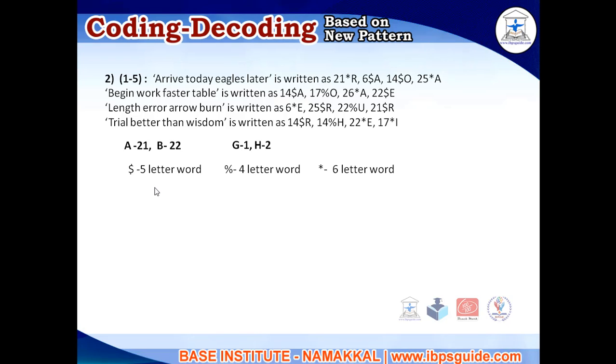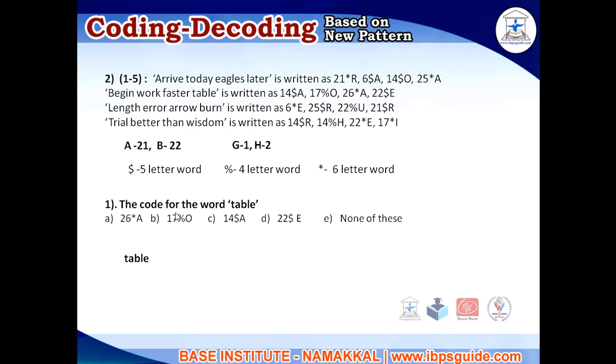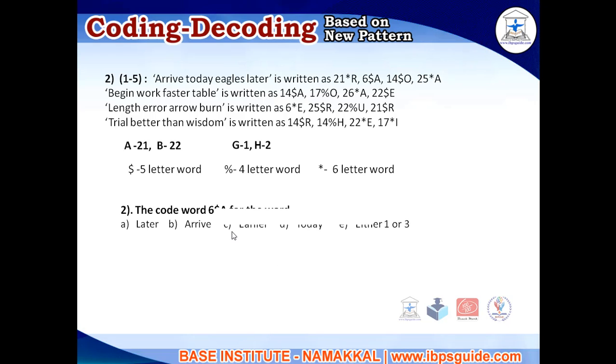Next we can see for the first question, the code for the word table. Guys, here based on the logic, the T's ordering number is 14, and there are 5 letters, so the symbol would be dollar, and then the second alphabet is A, so the answer is C option. Guys, for the second question, the code word $6 for the word.